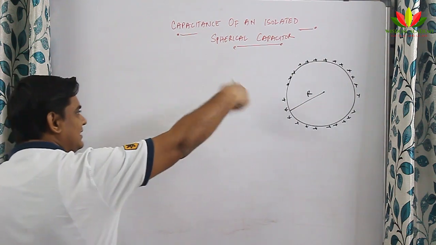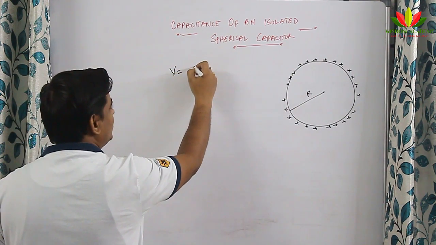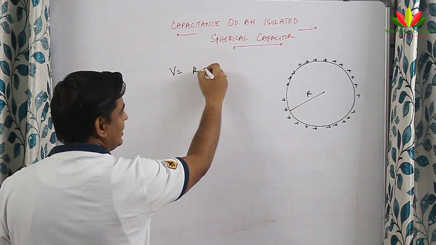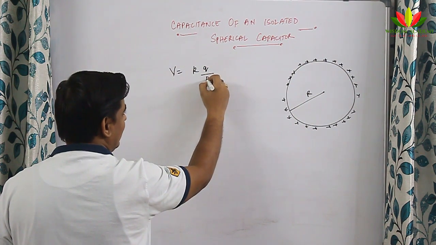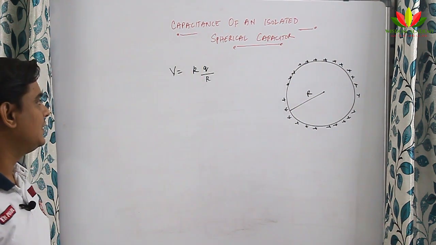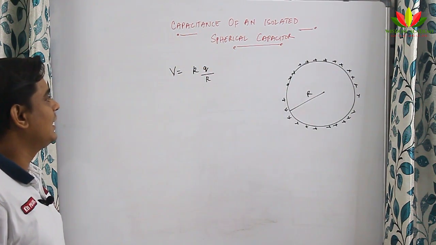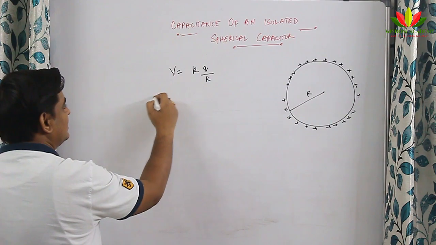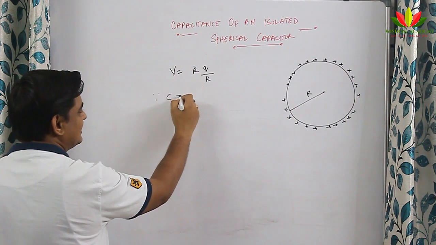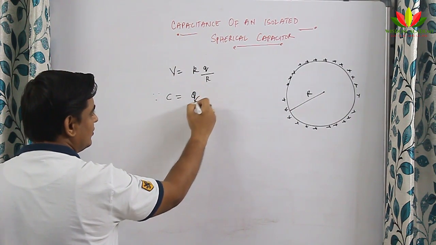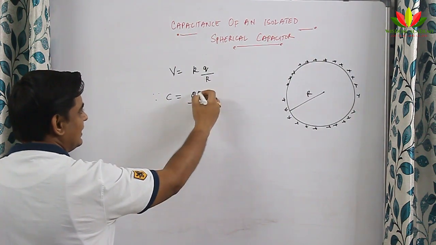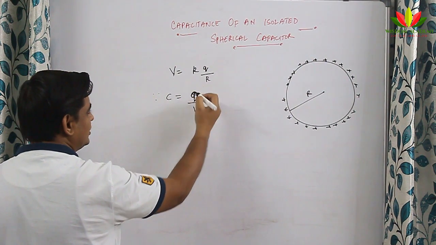Its potential at the surface will be equal to K Q by R. Am I right? Now this K is 1 by 4 pi epsilon naught, as all of you may know. We know the formula of capacitance. Since capacitance is equal to Q by V, here in this case I am taking small q as the charge.